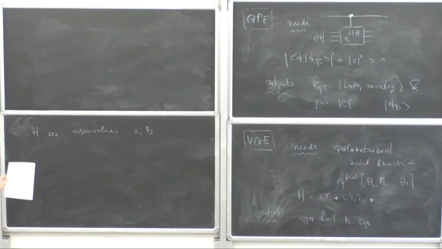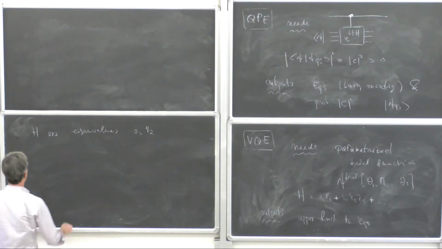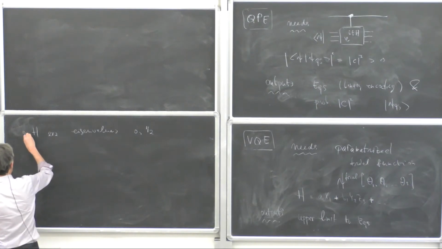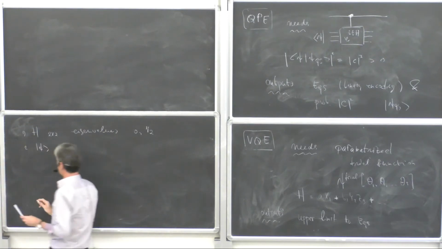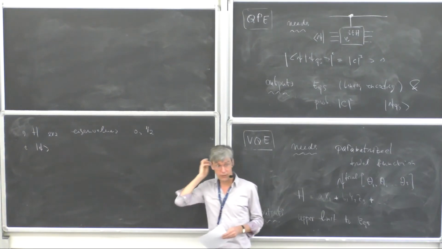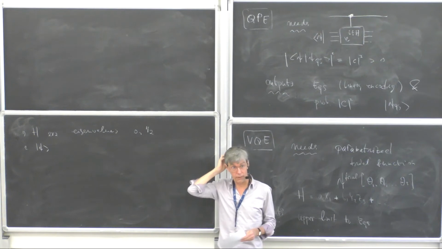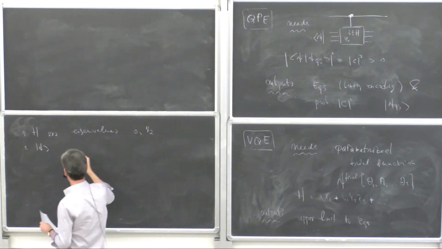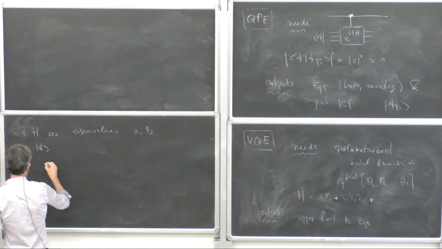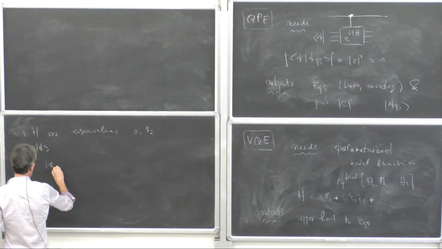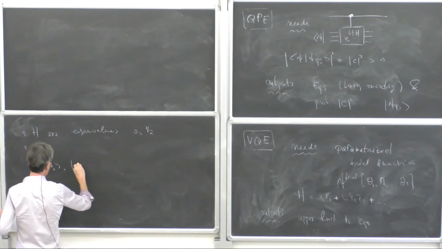So this is guaranteed. And now the other thing which is guaranteed: I get a state psi, and I'm guaranteed that psi is an eigenstate of H. The only thing I don't know is which one. So the question to be handled by my quantum computer is, is it psi sub 0 or is it psi sub 1/2?